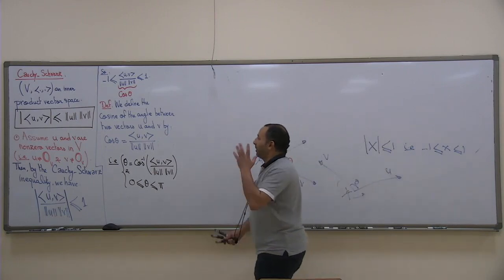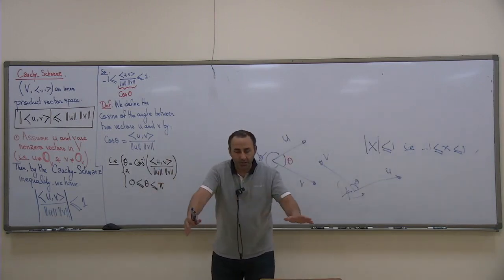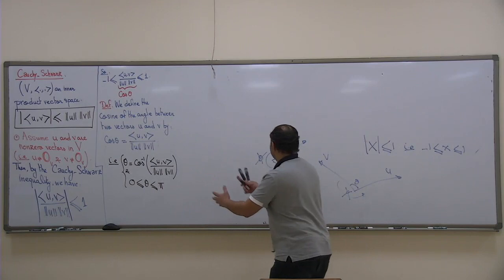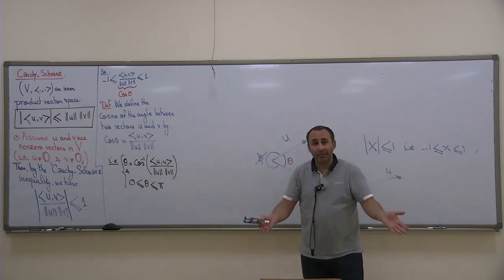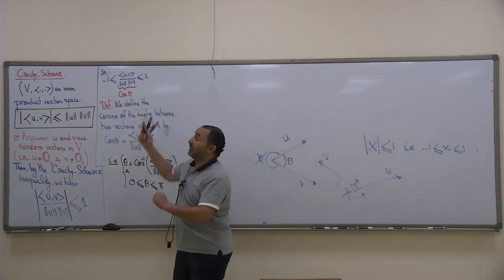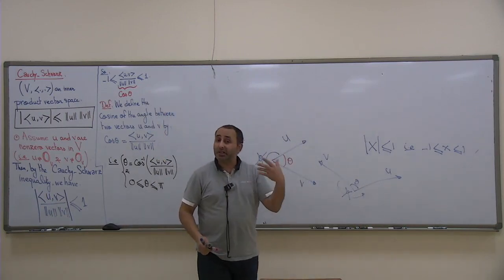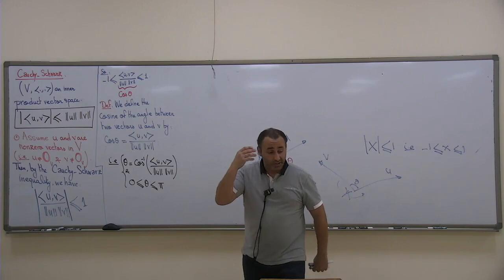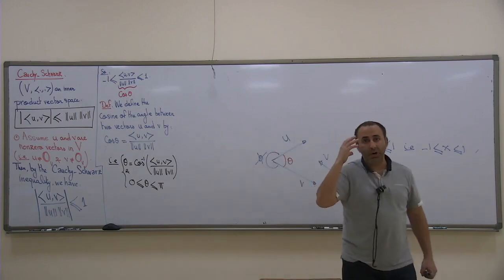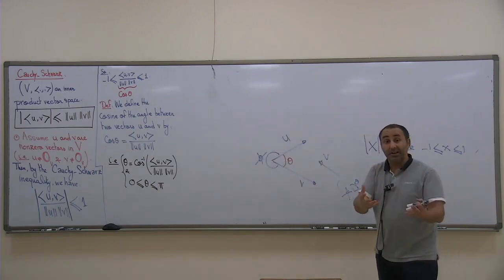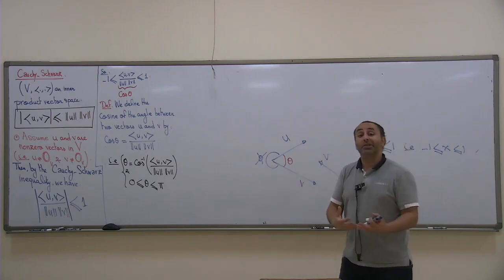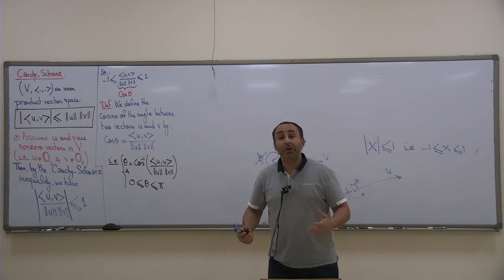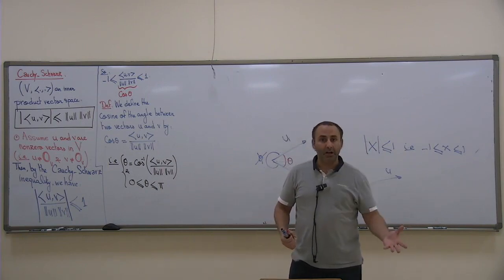I repeat, when you are in Rn or in R2, like the xy plane, this exactly corresponds to what you see here. You draw two vectors and you see the angle between them. But when you are talking about matrices or polynomials, it definitely has another meaning, not a geometric one that you can really visualize. The angle between polynomials or between matrices is very hard to visualize.